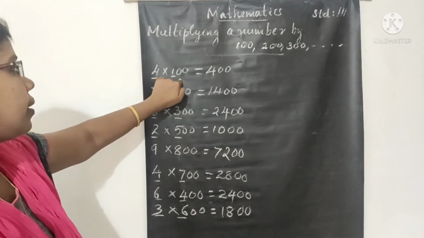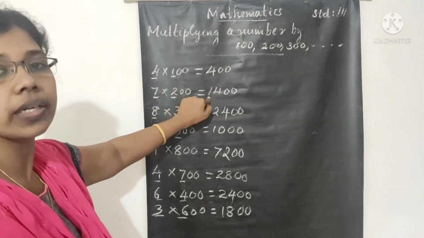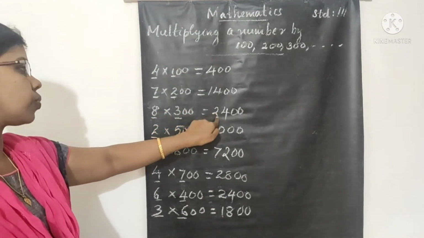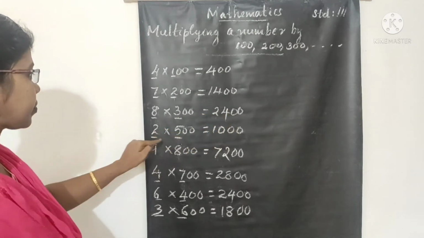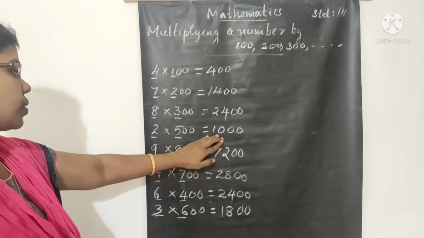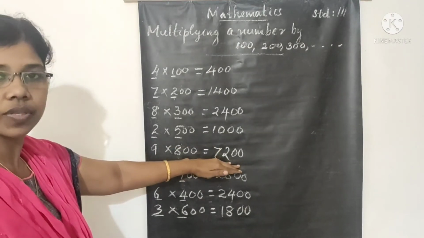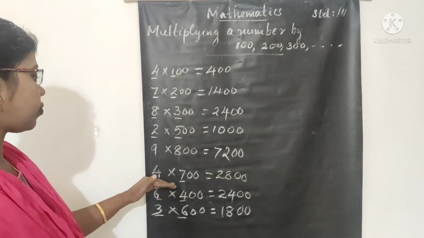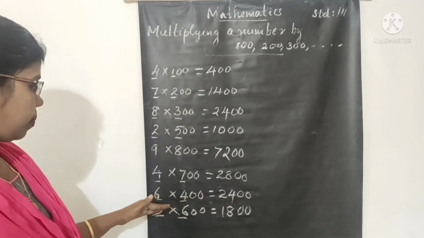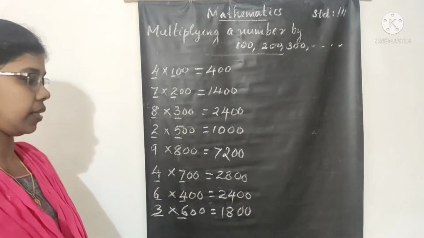First read the questions with answers. 4 into 100 equals 400. 7 into 200 equals 1400. 8 into 300, answer 2400. Then 2 into 500, answer 1000. 9 into 800, answer 7200. 4 into 700, answer 2800. 6 into 400, answer 2400.